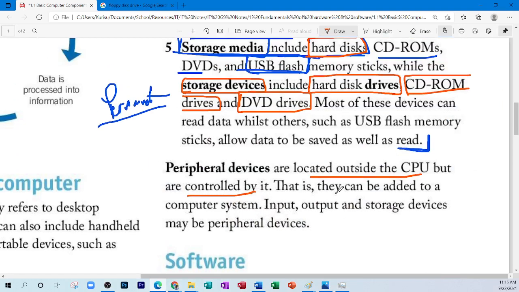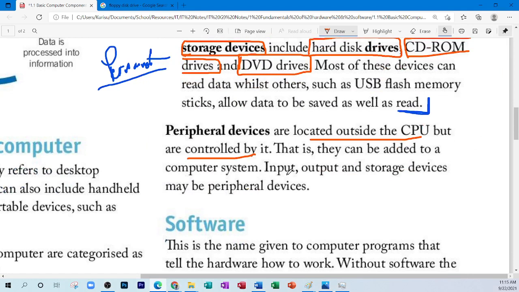So, let me see if anybody can make a guess. What device is outside of your computer but still being controlled by a computer that can be considered a peripheral device? Any guesses?